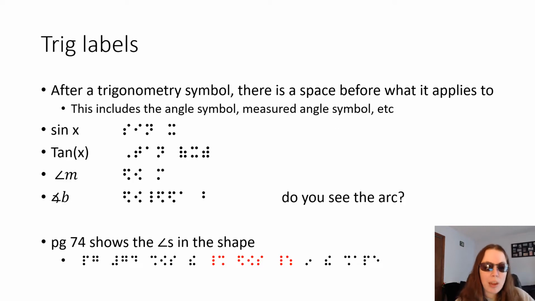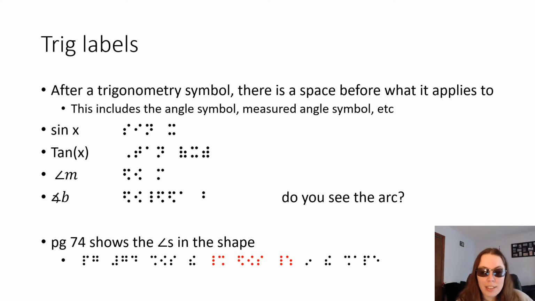So, trig labels. They follow their own special spacing rule, and that's really the thing to follow this week. After any trigonometry symbol, or really after any labeled function, there's a space before what that applies to.